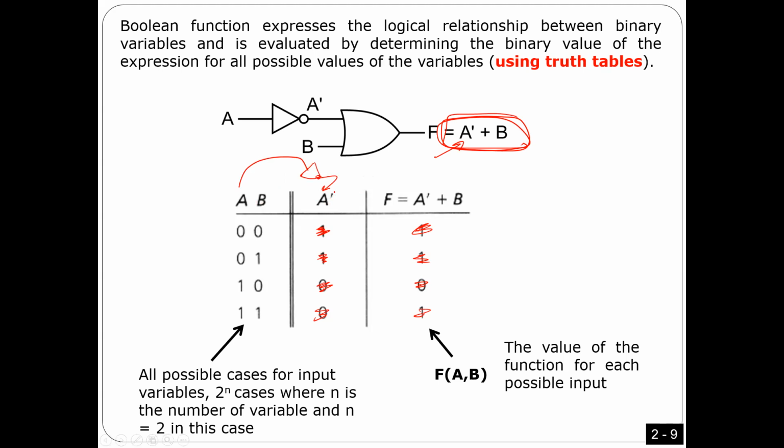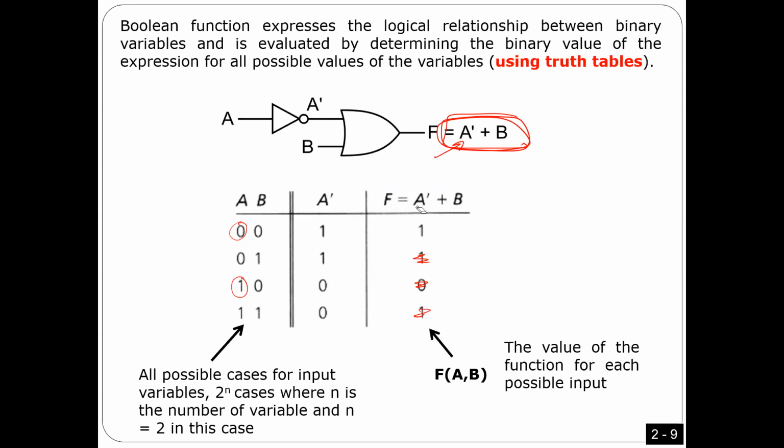How can you do that? Very simple. Are you 0? Yes, so you should be 1. 0 becomes 1, inverter, right? 1 here should be 0. 1 here should be 0, right? So if you look at this column and this column, every value is inverted. This is A prime of this one. Is that okay?